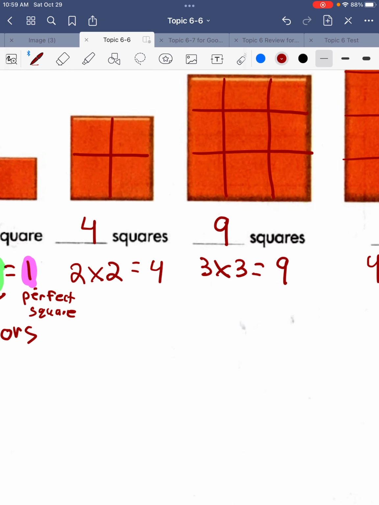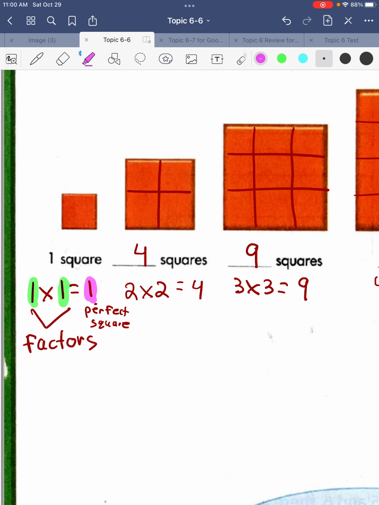For my 2 and 2, these are the same factor, so my 4 is my perfect square.